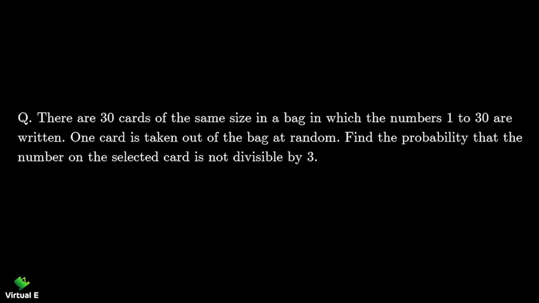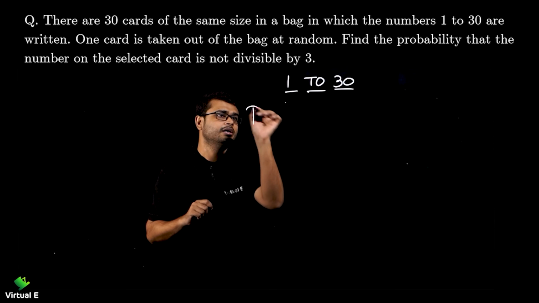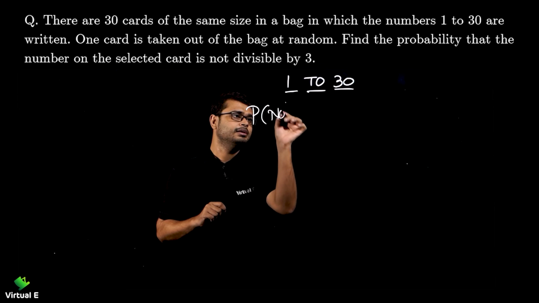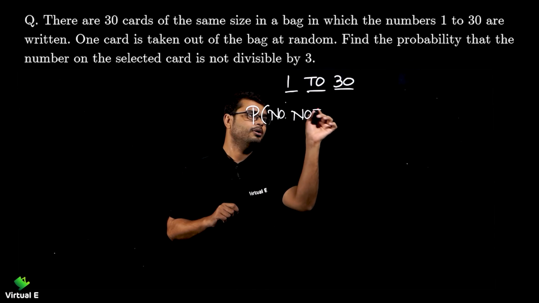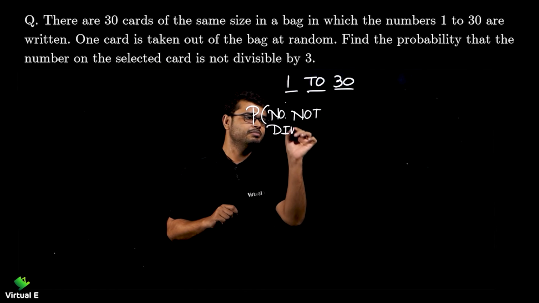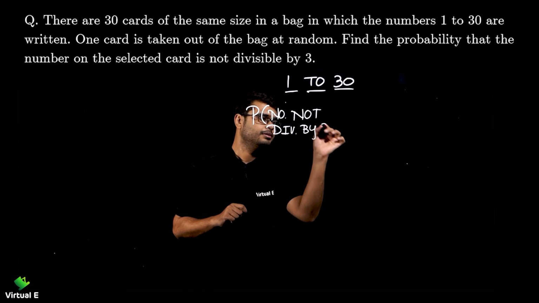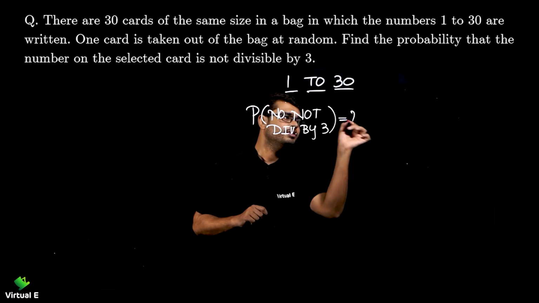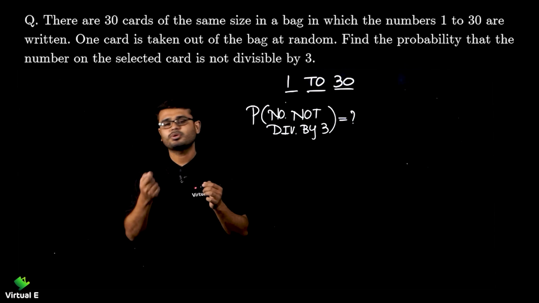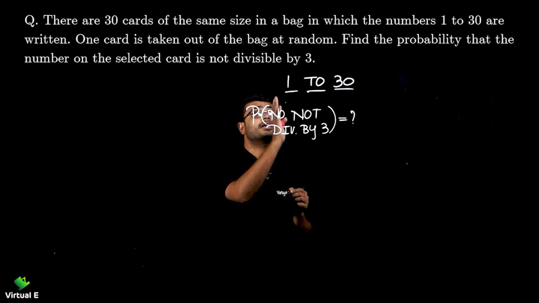Find the probability that the number on the selected card is not divisible by 3. Something interesting. We need to find the probability that the number is not divisible by 3. And what is the range? 1 to 30.